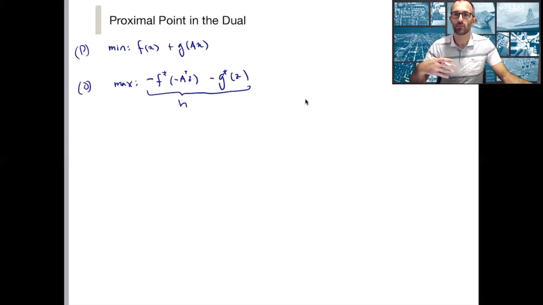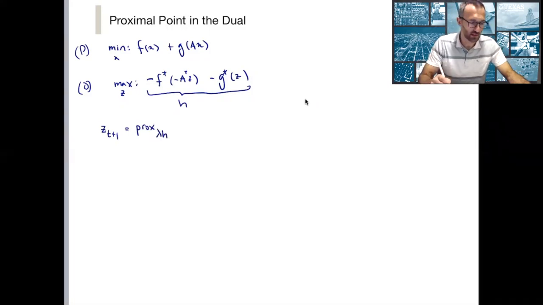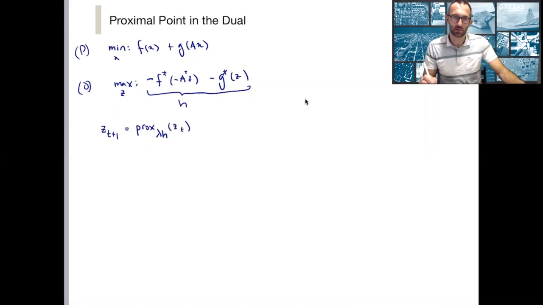We've been talking previously about gradient ascent in the dual, but now I'm going to use the proximal point algorithm in the dual. So PPA in the dual is z_{t+1} equals prox_{λh} of z_t, where h again is this function I've underlined. Let's write out the definition.